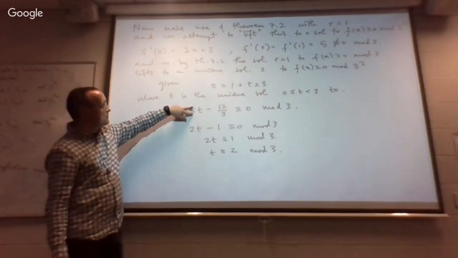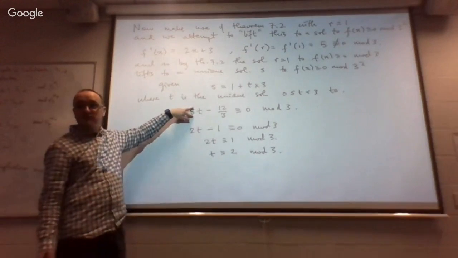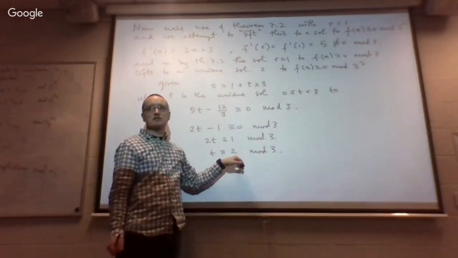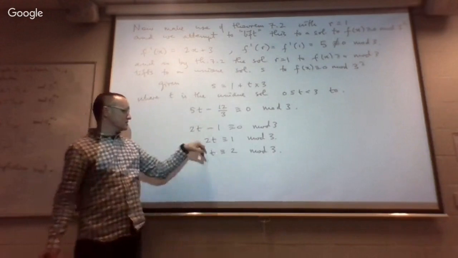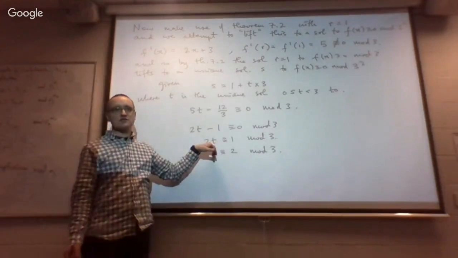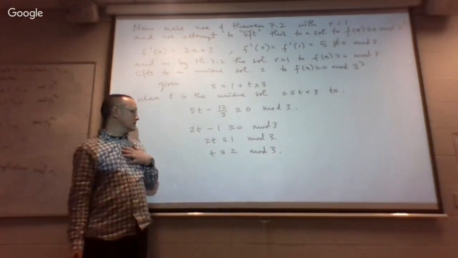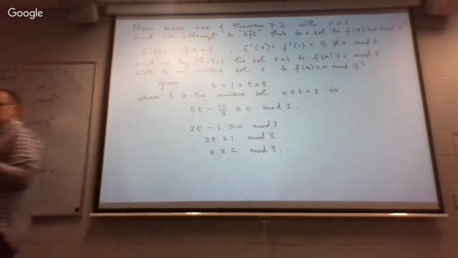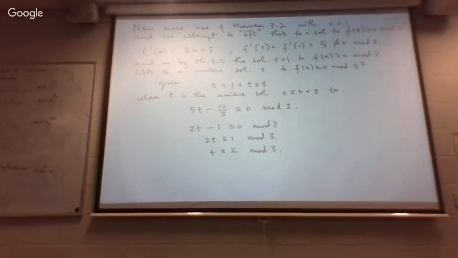So the coefficient on t will have a multiplicative inverse. So that means this linear congruence will have a single unique solution. You multiply both sides by the multiplicative inverse of the coefficient of t. 2t congruent to 1 modulo 3, t has to be 2. 2 times 2 is 4. It's congruent to 1. So that's our t equals 2, which feeds back into here.